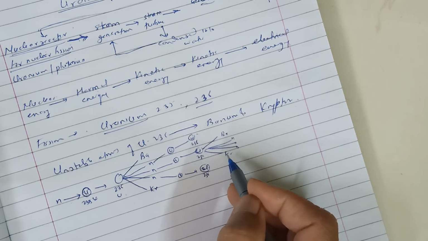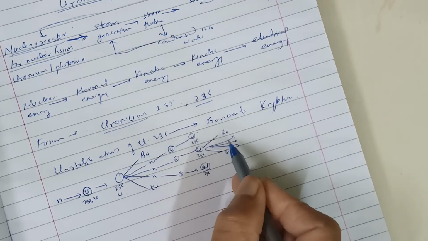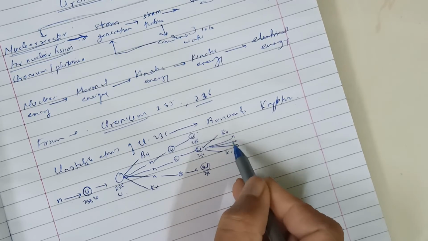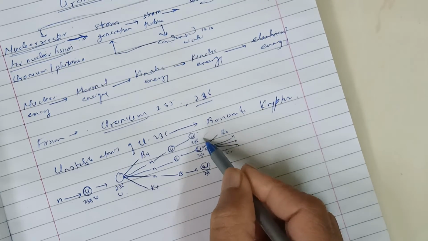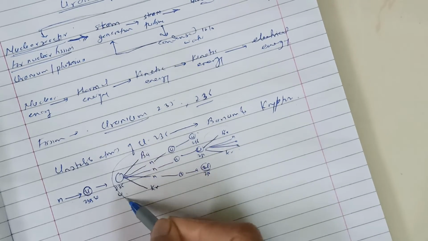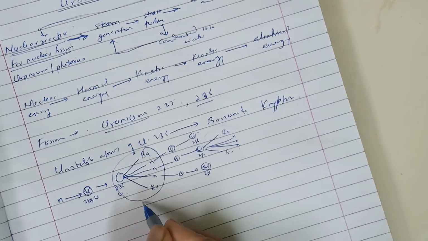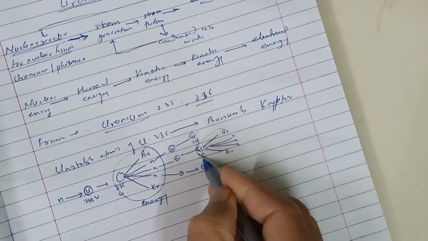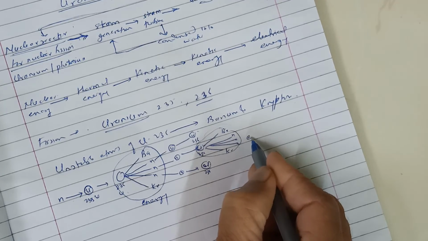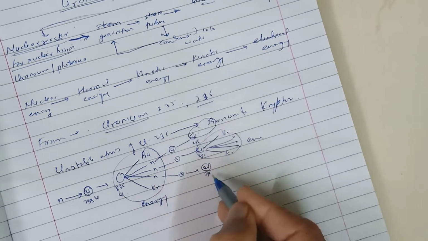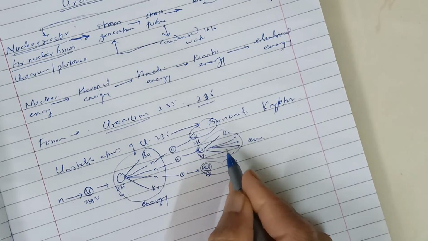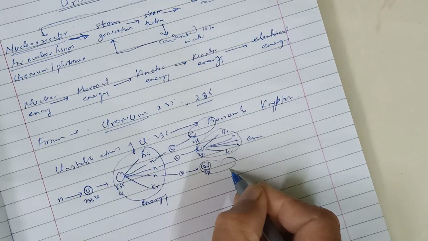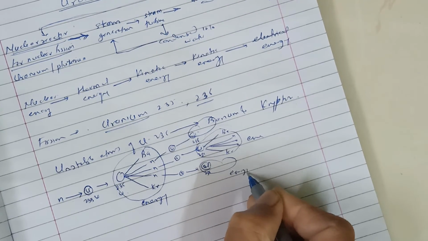In this reaction, the uranium atom undergoes fission to form barium, krypton and 3 neutrons. At that time, some amount of energy is released.